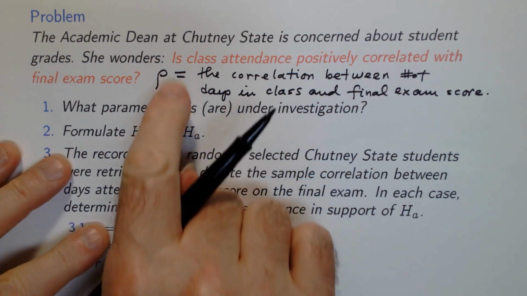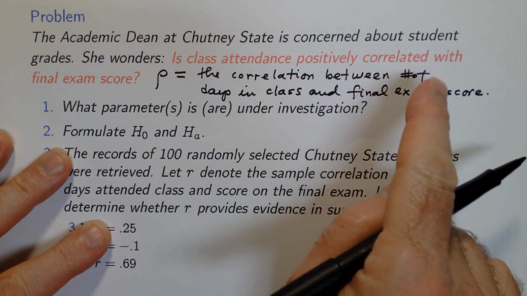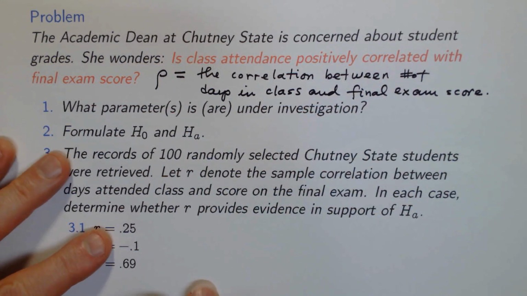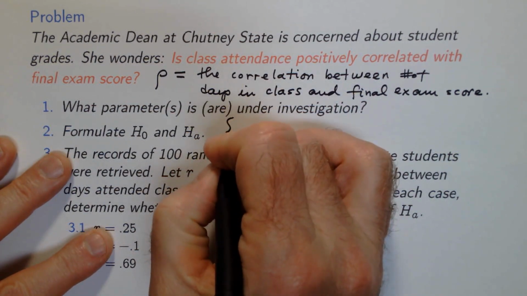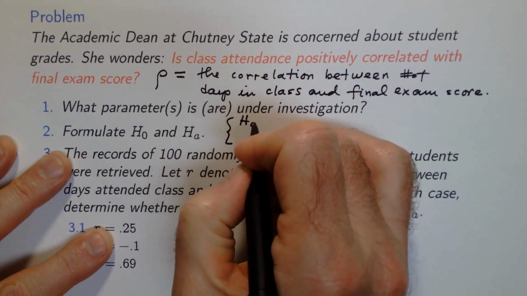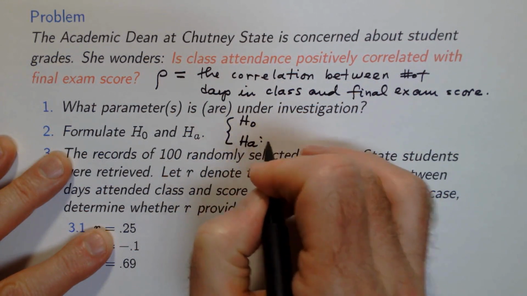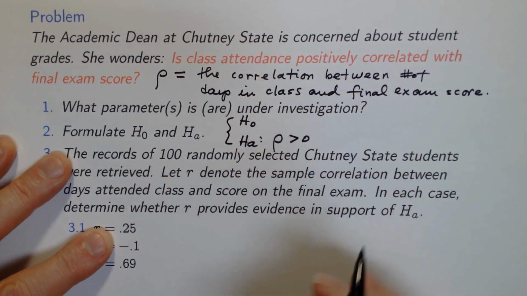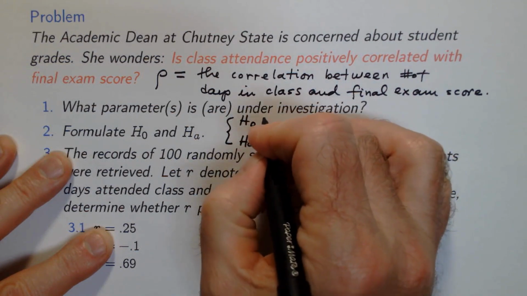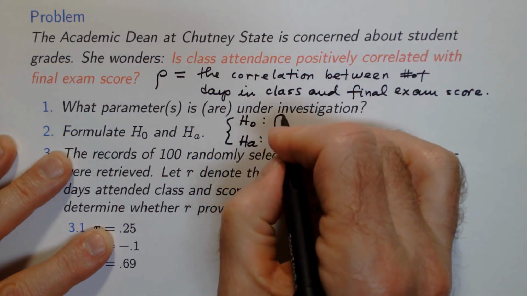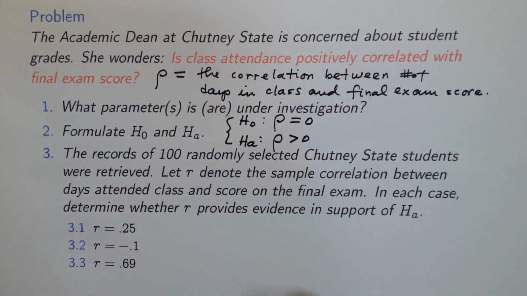Well, she wants to know, is class attendance positively correlated with final exam score? So our alternative hypothesis would be that the correlation, in fact, is positive, and the null hypothesis would be that the correlation, in fact, is 0.